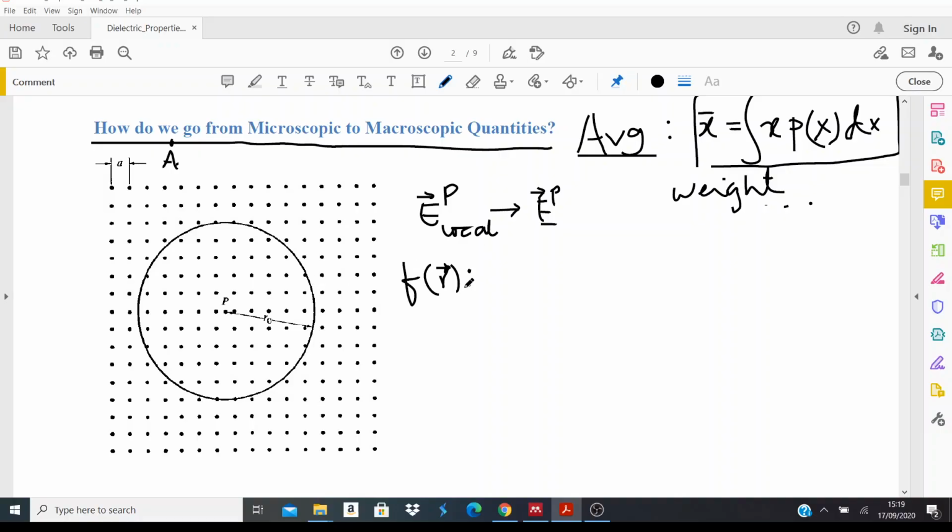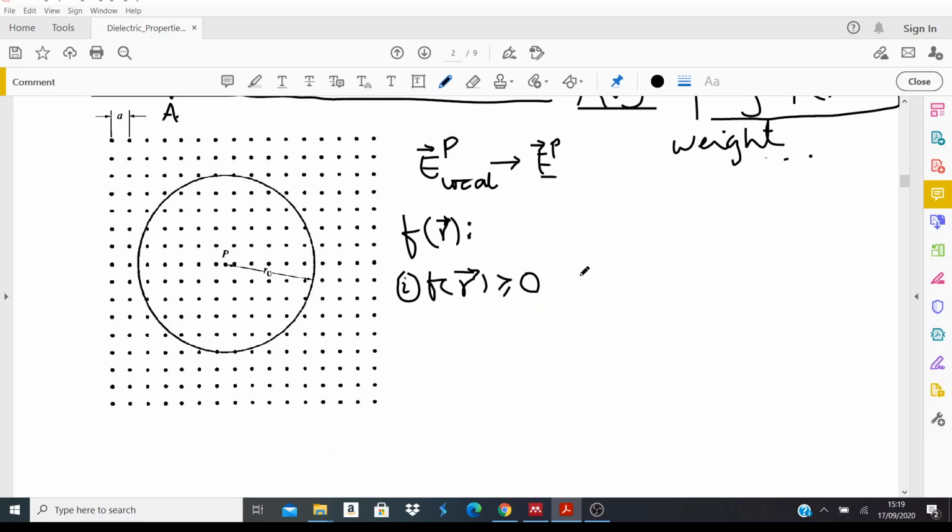The function should satisfy characteristics similar to the density function. You recall the density function is always positive. So similarly, F(r), the weighting function for the average, has to be non-negative. Every time it will be a positive valued function.